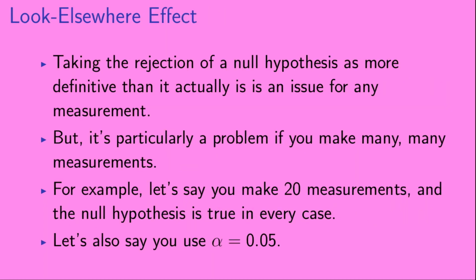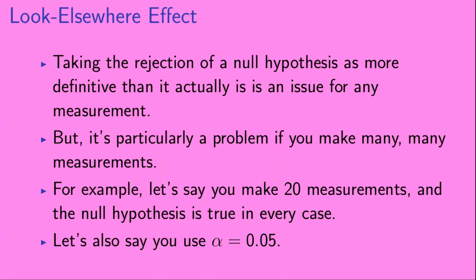Now, taking the rejection of a null hypothesis as more definitive than it actually is an issue for any measurement. But it's particularly a problem if you make many measurements. For example, let's say you make 20 measurements and the null hypothesis is true in every case.